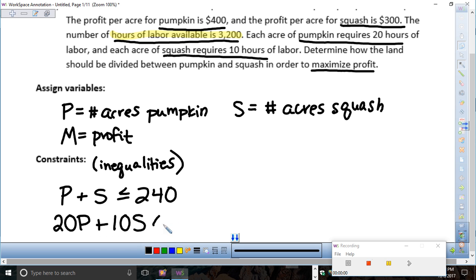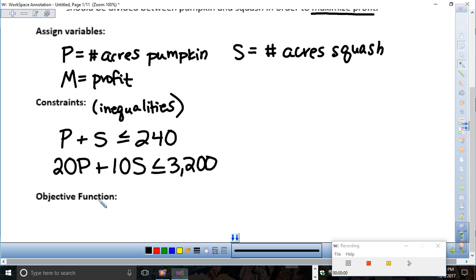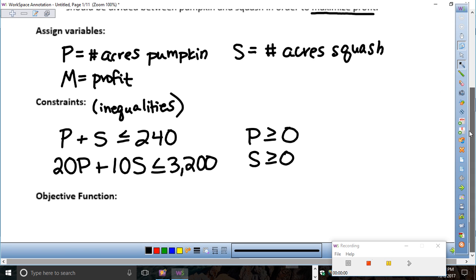And that's got to be less than or equal to 3,200. All right, now the other two constraints that are sort of implied constraints are that the number of acres of pumpkin and squash must both be greater than or equal to 0, saying that they must be positive. So it would not make sense to have a negative number of acres.